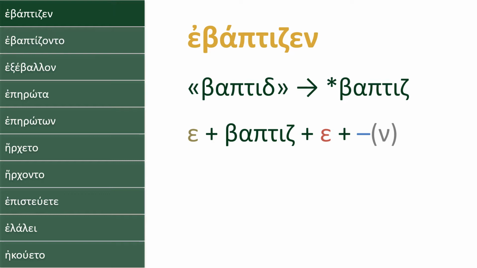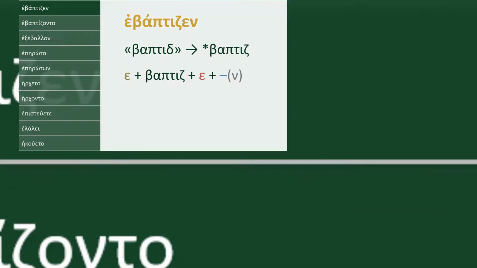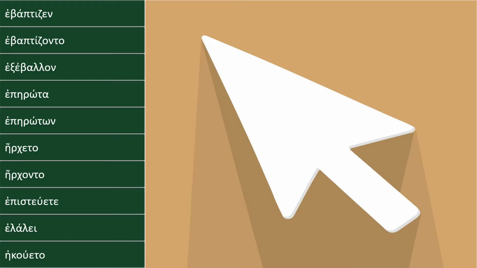So the root is βαπτιδ, but the present tense stem is βαπτιζ. In the formation of the imperfect, we can see the augment epsilon plus the present tense stem βαπτιζ plus the connecting vowel epsilon. The third person singular form has no personal ending, but it has an optional movable nu. Hence we get ἐβάπτιζεν.